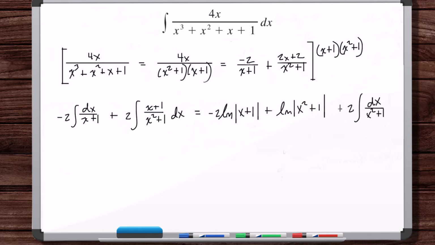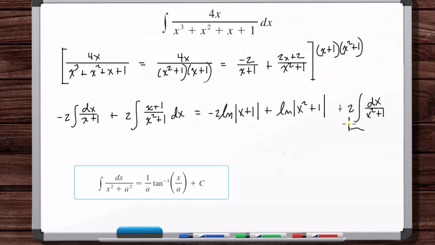Okay, and now this integral is going to be 2 times 1 over x squared plus 1. So 2 times 1 over a is just going to be 2 arctangent x, plus C. Then there we go.